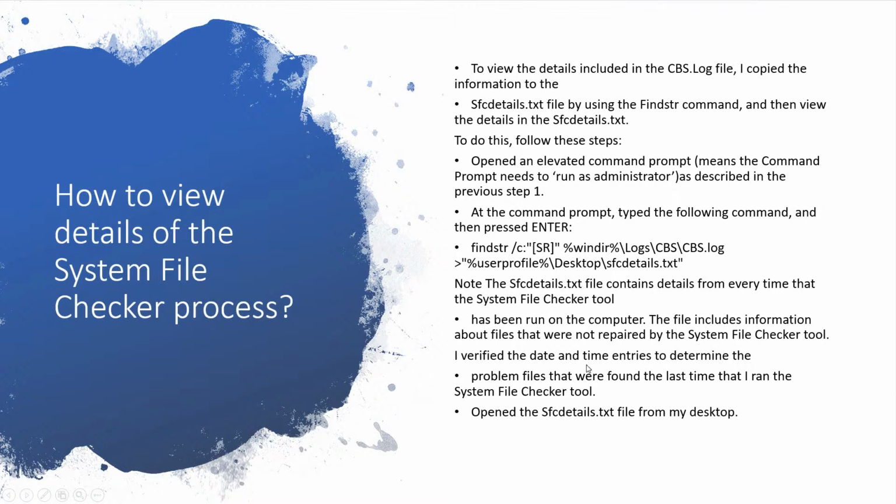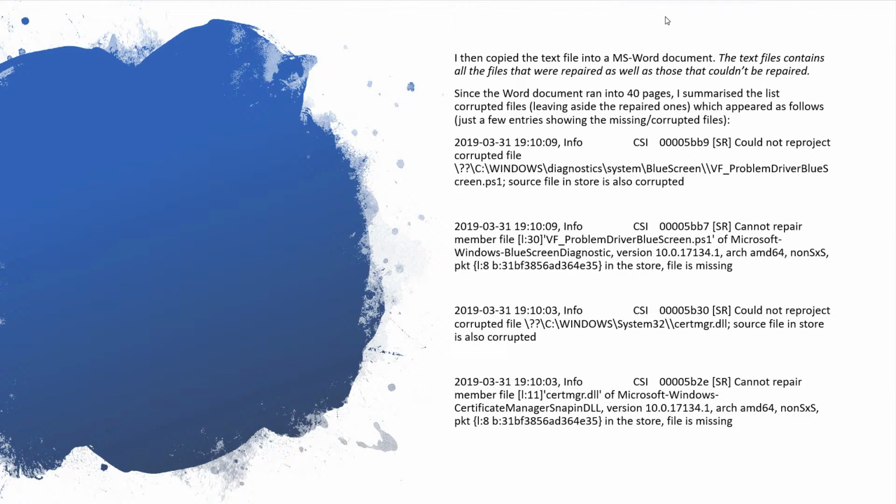Now I verified the date and time entries to determine the problem files that were found the last time that I ran the System File Checker tool. I then opened this text file, which was just created following the steps above, from my desktop, and I copied it into a Microsoft Word document just to format it a little bit, and I found, to my horror, that it was 40 odd pages.